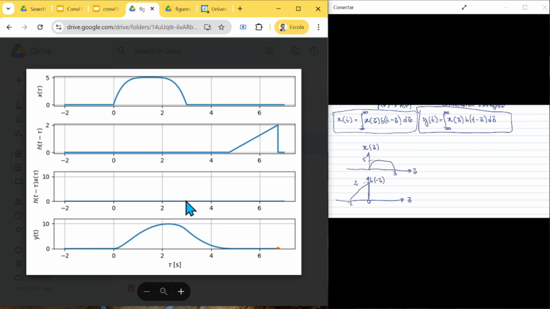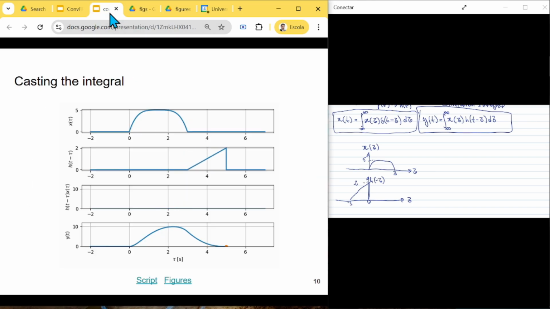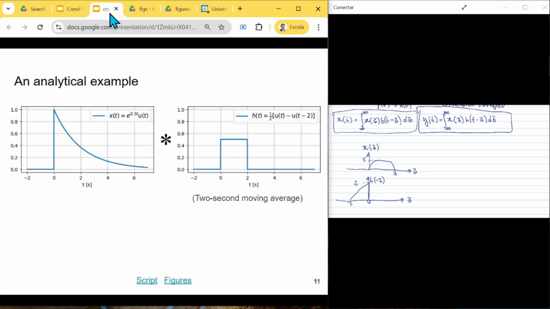So let's do this now for another pair of signals, and let's find an analytical expression for the output. My input will be this, e to the 0.5t u of t, it's represented here. The impulse response is a 2-second moving average.